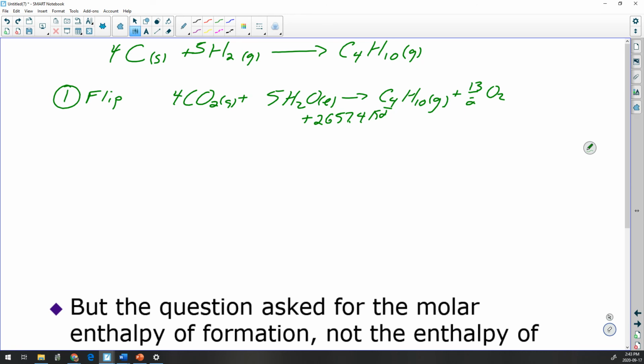The next thing that I look at, I need 4 carbons. So that's reaction 2, which is for me the second reaction. I usually number them. I need 4 of those carbons. So I'm going to have to multiply reaction 2 by 4.